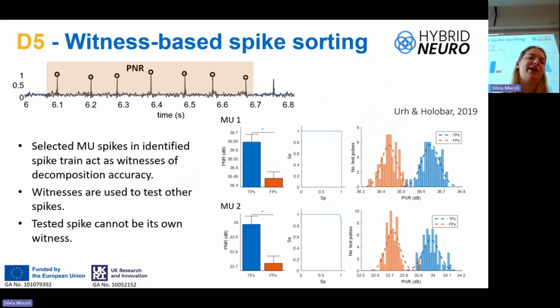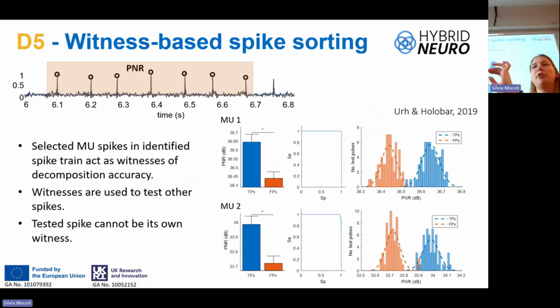So this is the semi-automatic method to assess the accuracy of firings, denoted as good, bad, or neutral. That method uses the same approach as I showed before. You select some of the firings as witnesses, and then you look at the testing firing or its amplitude. Then you recalculate and reapply the motor unit filter, and you observe the amplitude.